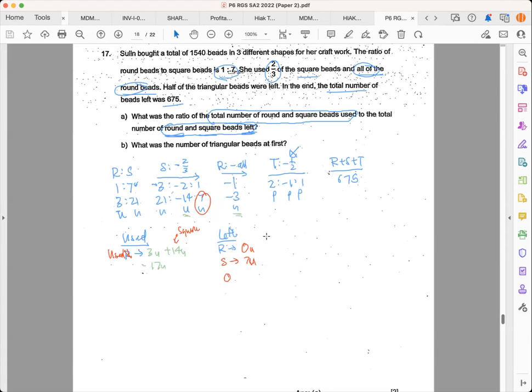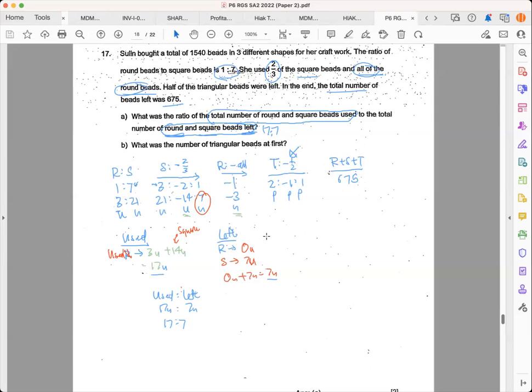So altogether, 7 units left. I'm using a color pen. So therefore, used is 17 units. Left is 7 units. So the answer is 17 is to 7.